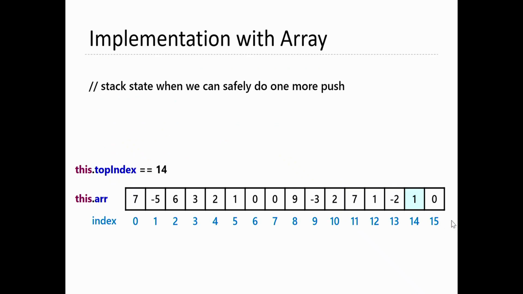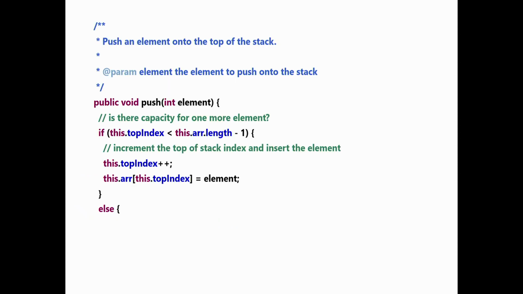The 14 is less than the size minus 1. The size of that array is 16, 16 minus 1 is 15. So as long as that index is less than the size of the array minus 1, I can safely push an element onto the stack. So if the current top index is less than the array length minus 1, go ahead and increment the top index. Then go ahead and set the array at top index to the pushed element.